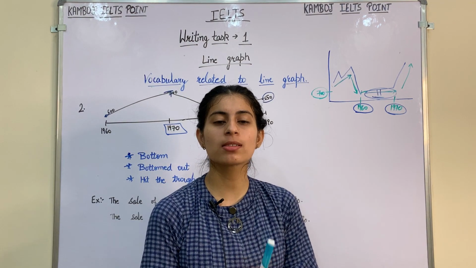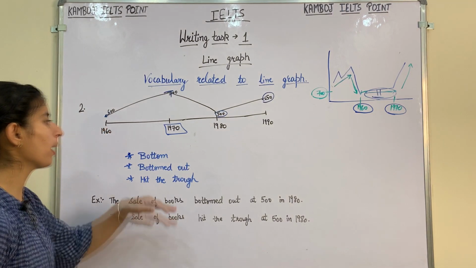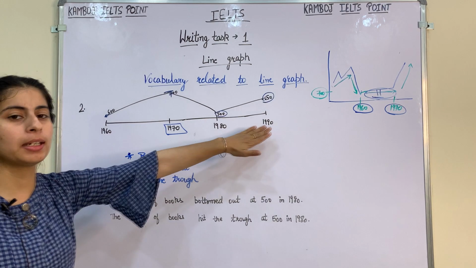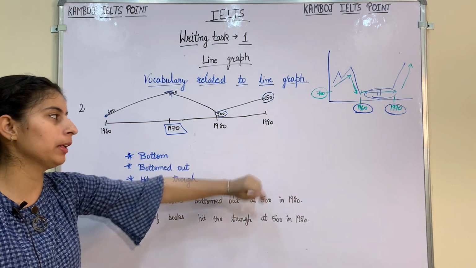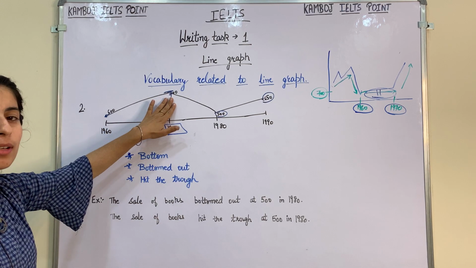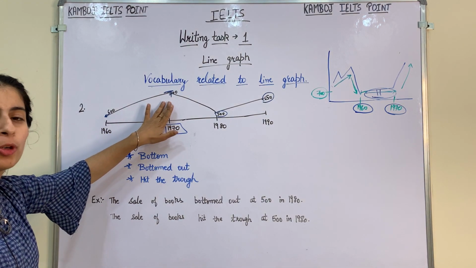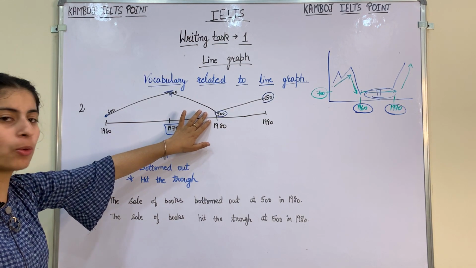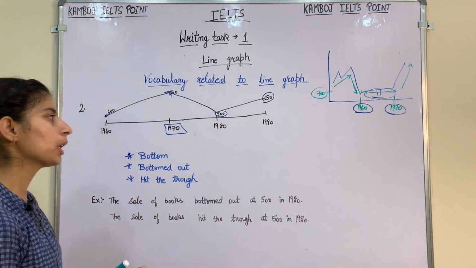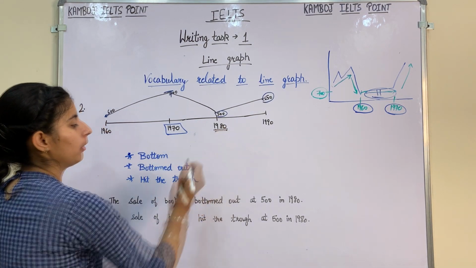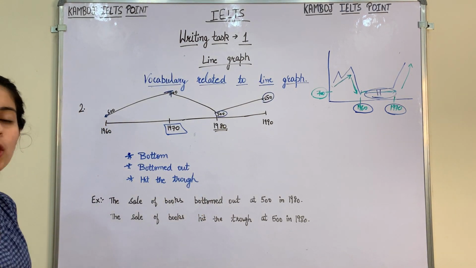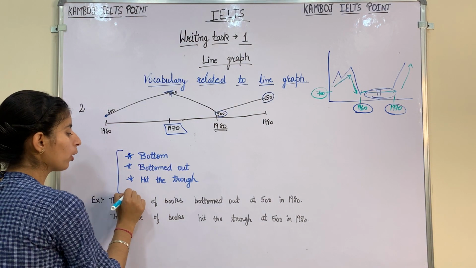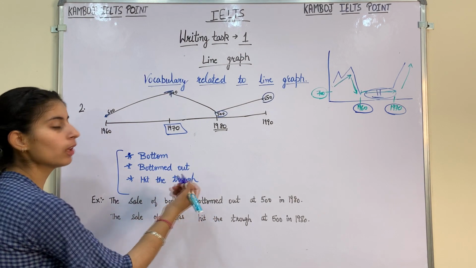So the last one is downward trend. You can see the same type of lines here. The years 1960, 70, 1980 and 1990. In the previous trend we discussed the top one where we used the words peak and pinnacle. Now we are going to discuss the downward trend, where the lowest point is in 1980. The words that you can use to express this type of downward trend are bottom, bottom out, hit the trough.